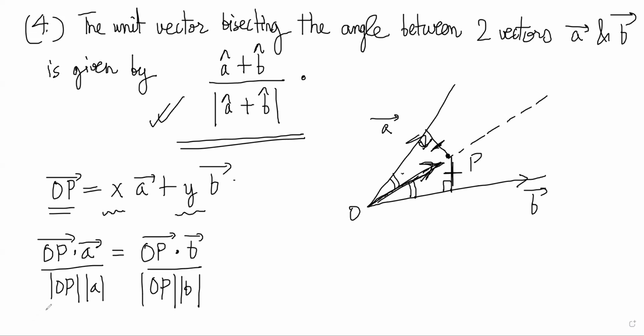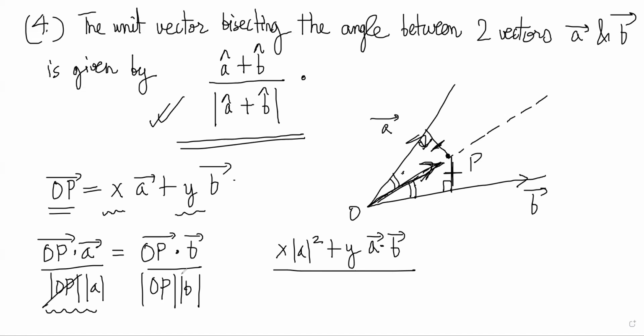Why are we doing this? Because we are saying that the angles are equal here, theta and theta, because they are angle bisectors. So this is cos theta between OP and A, and this is OP and B, right? So when you do OP dot A here, what you will end up getting is x mod A square plus y A dot B divided by mod OP.